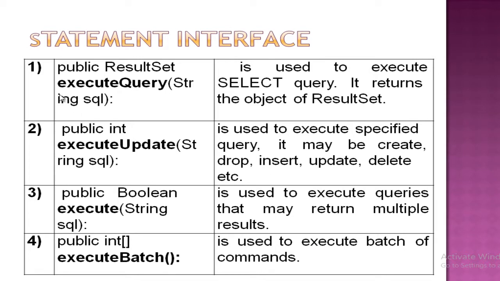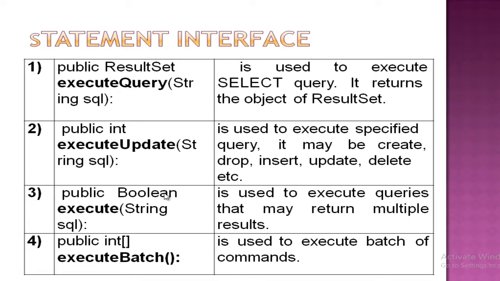Okay, so here you can see the public ResultSet executeQuery, that is used to execute the query. Public int executeUpdate, that is used to execute the specified query. It may be create, drop, insert, update or delete.